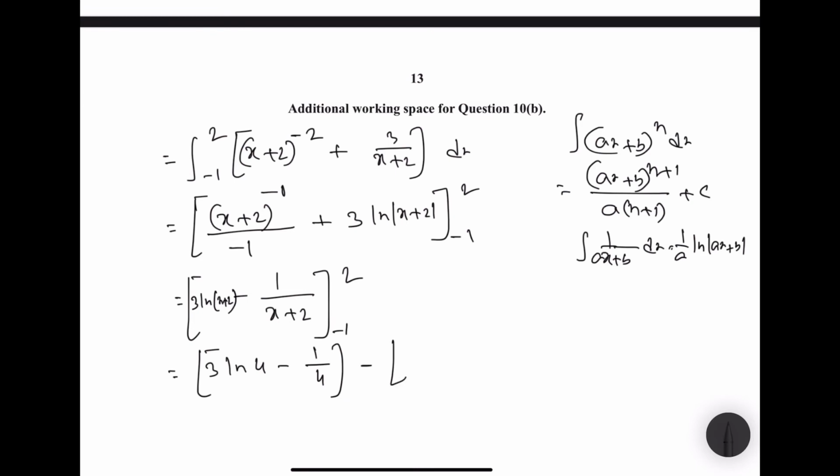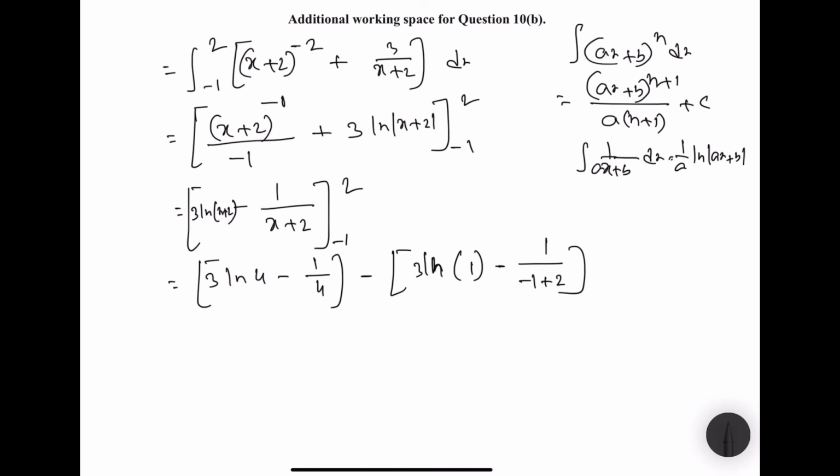Now let me substitute minus 1: it will be 1 minus 1 by (minus 1 plus 2). Now if I simplify more, it will be 3 ln 4 minus 1 by 4. ln 1 is 0, so that part will be 0, and this minus 1 is plus, and this is 1.